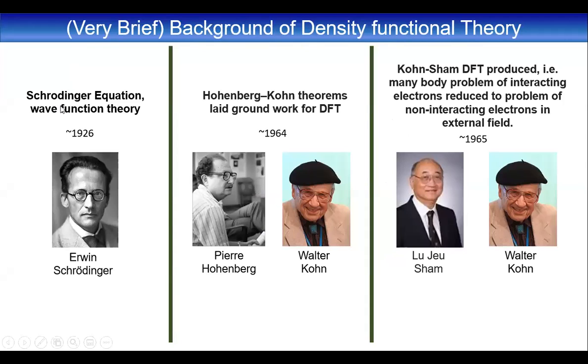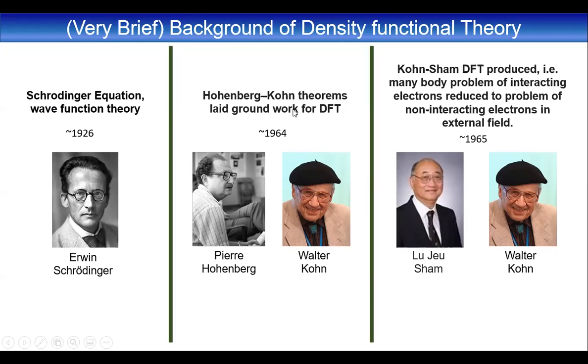And so the groundwork for density functional theory first started from the Thomas-Fermi model, but there's only so much space on the slide. I'm just going to start with the Schrodinger equation, which was developed in 1926, which, as you'll see, is necessary in order to solve for the energy eigenstates.